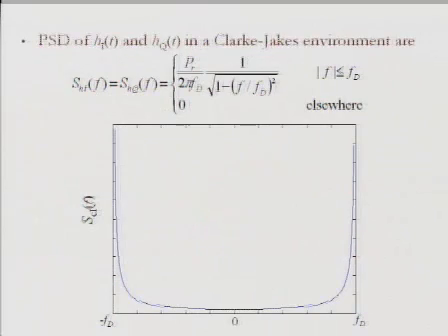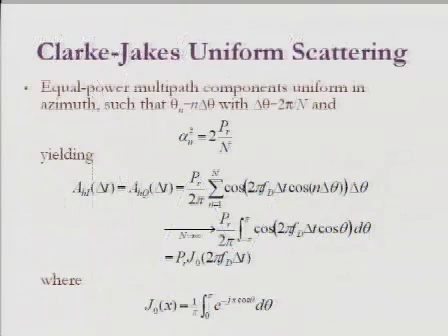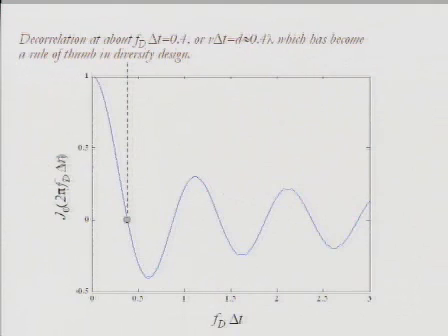So we talked about correlation. We studied the statistical properties of the fading process in narrowband channels, and especially for this Clark-Jakes uniform scattering environment, we found this nice expression for the autocorrelation of the I and Q components, just this Bessel function, okay, which moves like this.